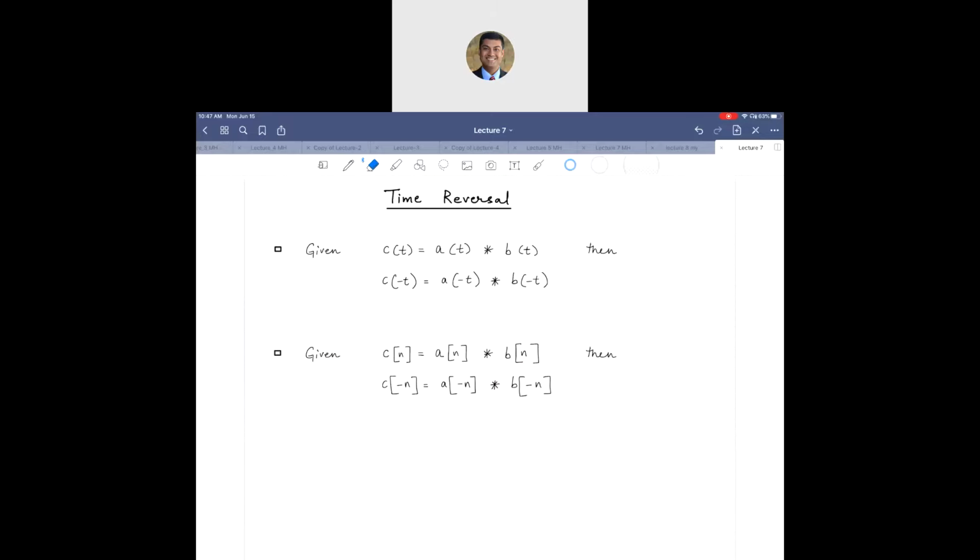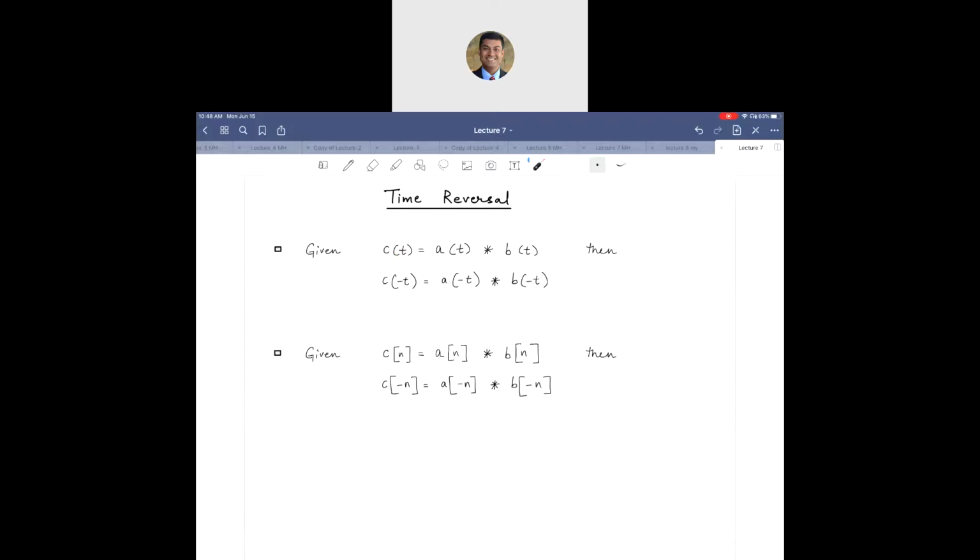How about the time reversal property? This is one of the very useful properties for convolution. So we are looking at both the continuous time and the discrete time equivalents of the time reversal property. We have defined C of t as the convolution between A of t and B of t.